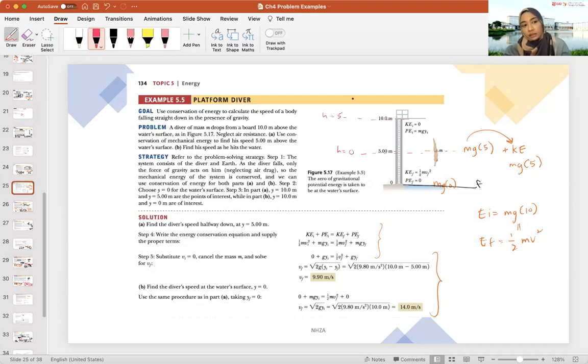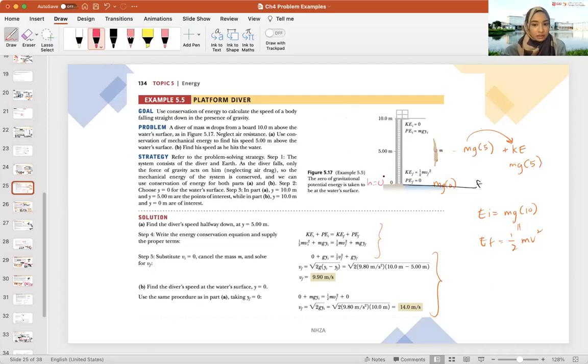Then to answer all the questions related to this question, kena pakai reference point yang sama. But since we want our life to be easy and we are saying that our ground is h equals 0, kita akan pakai h equals 0 dekat sini. So this becomes 10 and this becomes 5.